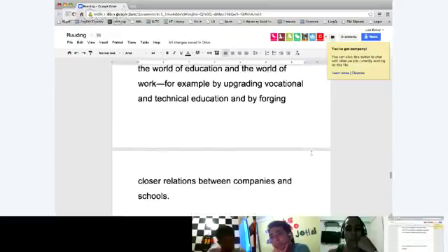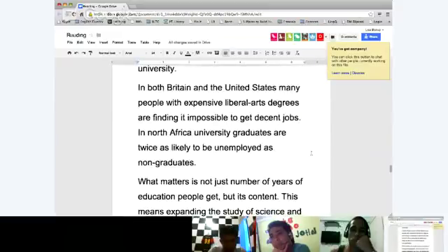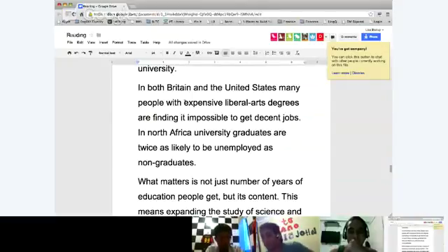Yeah. So what they're saying is that in Britain and the United States, a lot of people have gone to college and they got what we call liberal arts degrees. So that might mean like they studied history or literature or social studies or something like that, but it wasn't like science or math.